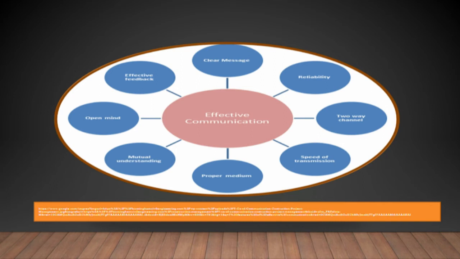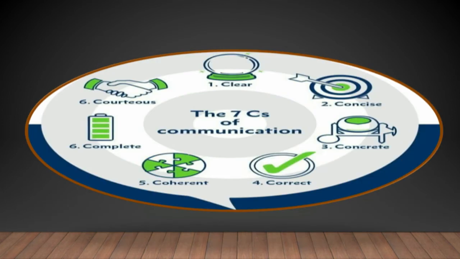Fourth, the speed of transmission should be proper. It should neither be too hastily done nor too lethargically done. Medium, the choice of medium should be proper. There should be mutual understanding between the speaker and the listener. Listener should have an open mind. This is very important. And if that listener has an open mind, you will get an effective feedback.